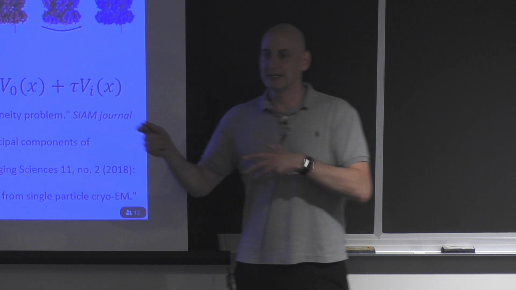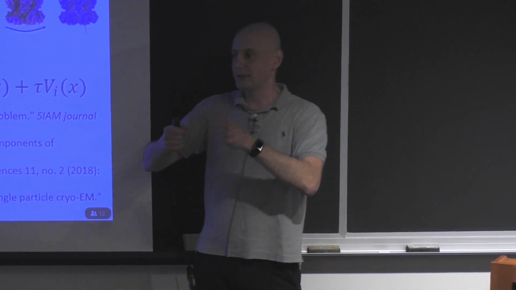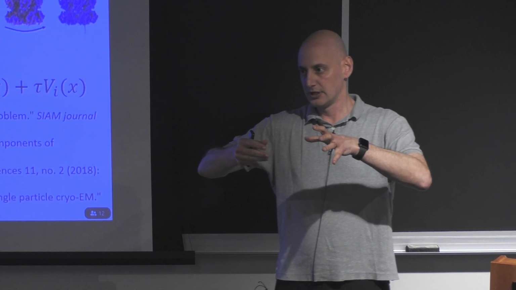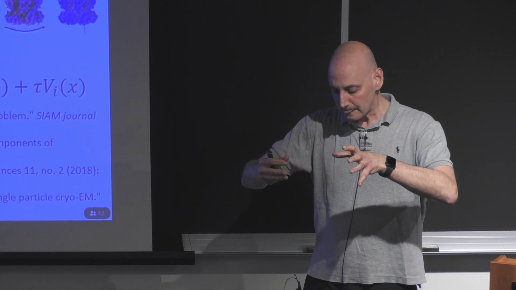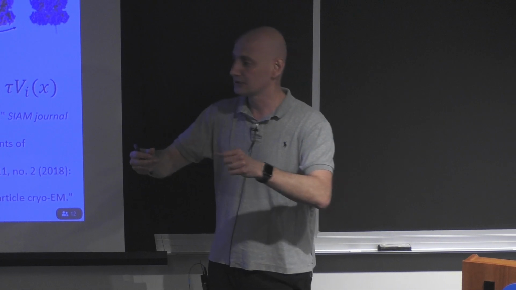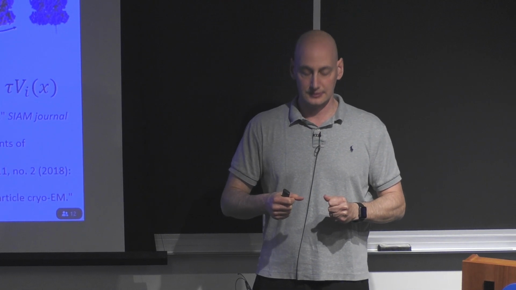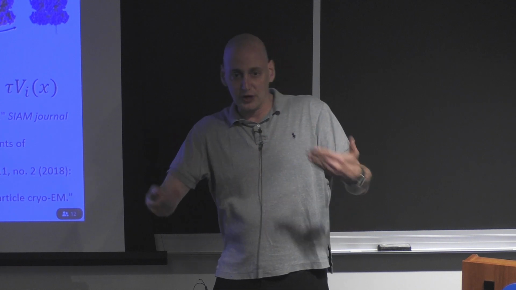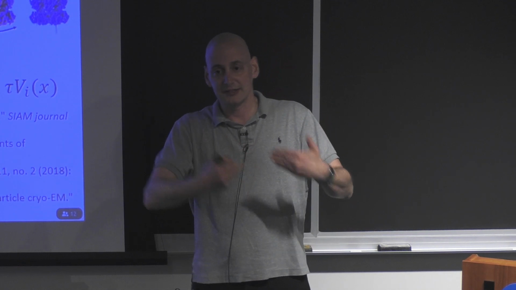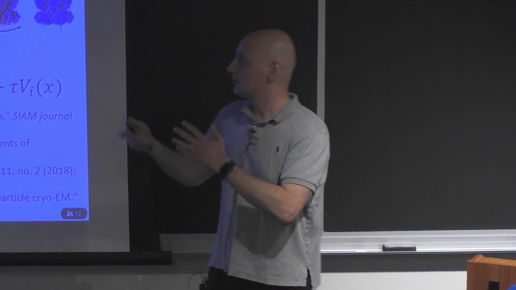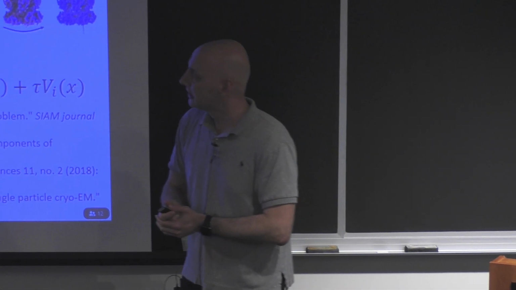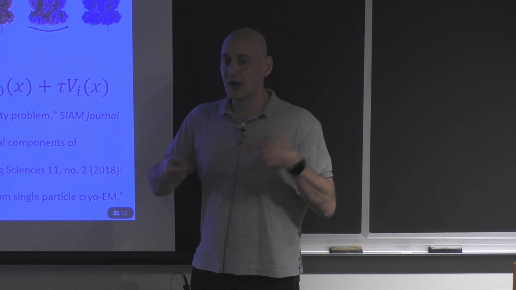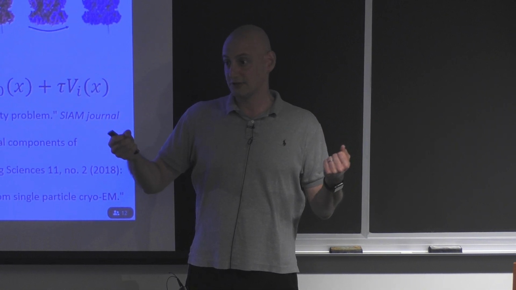The original work in this tried to bootstrap its way into finding some kind of collection of volumes to take principal components of. But of course, Cryo-EM data comes in two-dimensional images, not volumes. So one of the remarkable results, due to some of the people in this room, is that you actually don't need the volumes in order to get the covariance matrix.